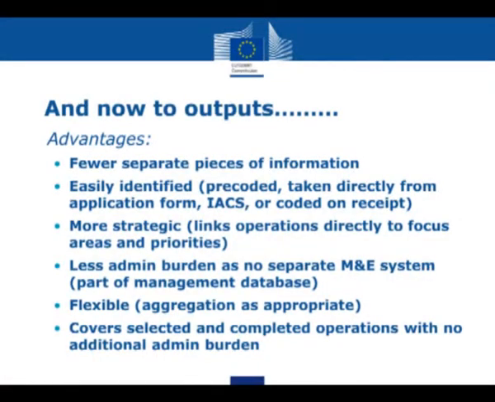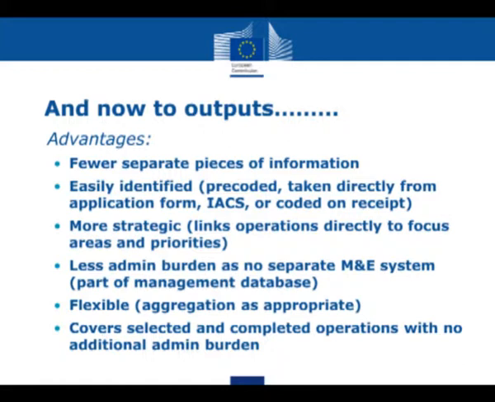That fewer separate pieces of information will be required. They're easily identified. They're either pre-coded on an application form because it's an application form for a particular measure, or they're taken directly from the application form. The farmer fills in how many meters squared of solar panels he wants to buy.